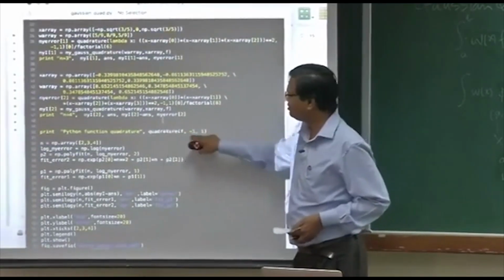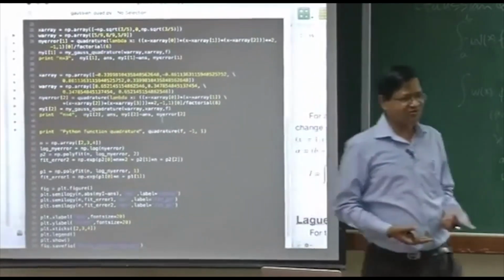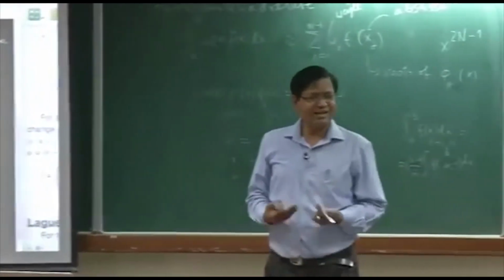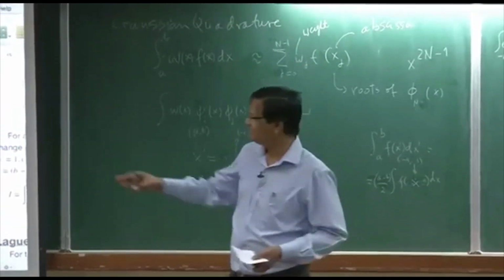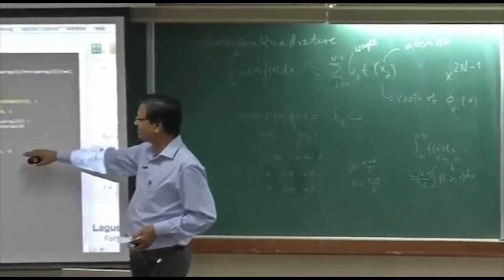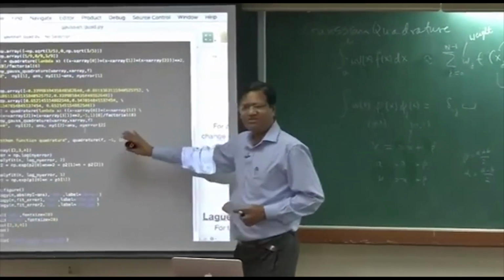This is going to give you the answer. Of course it uses Gaussian quadrature. I don't know what n it is using. It will choose appropriately, and if you look at the literature, it will tell you what n it uses and so on. But I am not worried about it. It gives me a good answer.